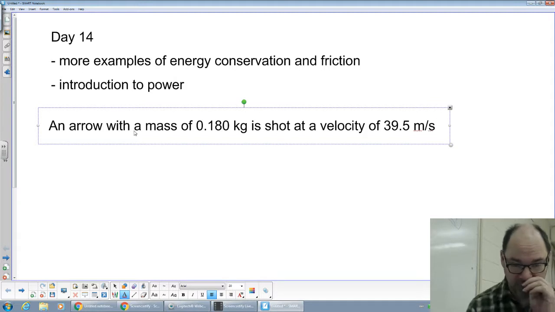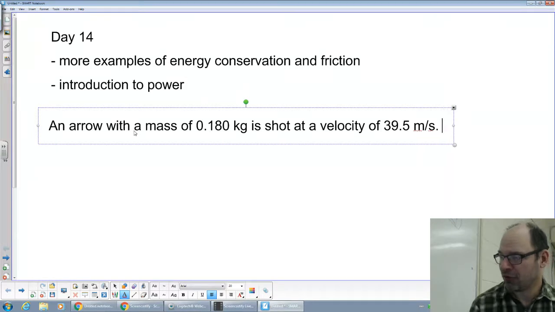The arrow strikes a block. So there's a block sitting on the ground.